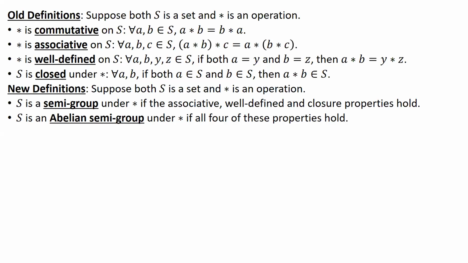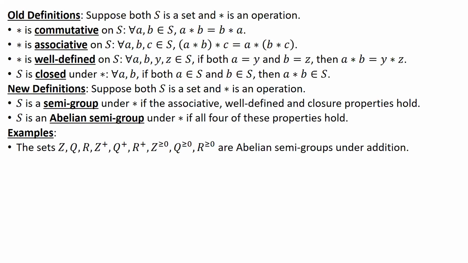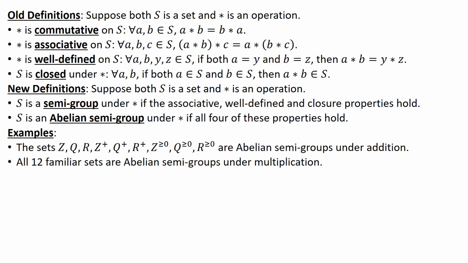Now, let us look. We have seen some familiar examples of semigroups already. Under addition, the sets Z, Q, R, Z plus, Q plus, R plus, Z non-negative, Q non-negative, and R non-negative are all abelian semigroups under addition. If you look at the bullseyes I flashed, they all had orange, yellow, and green, as well as red. Finally, all 12 of the familiar sets are abelian semigroups under multiplication.